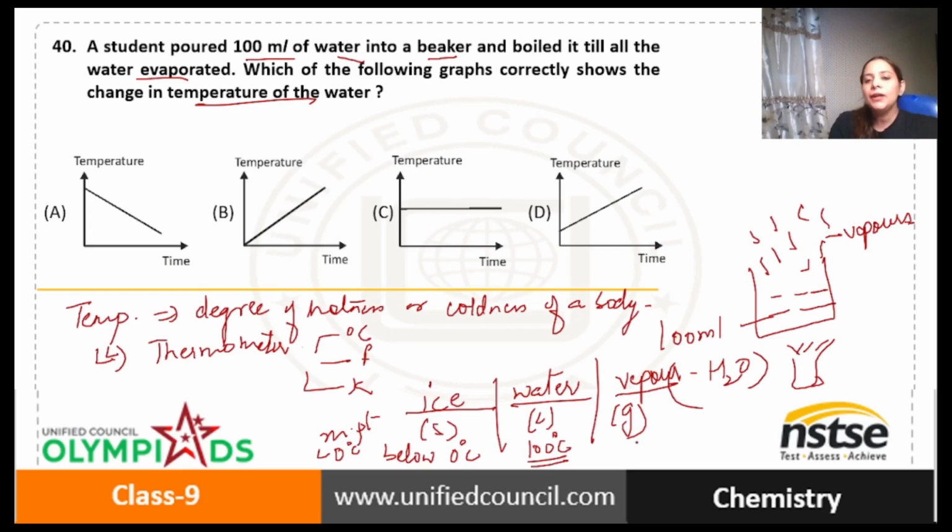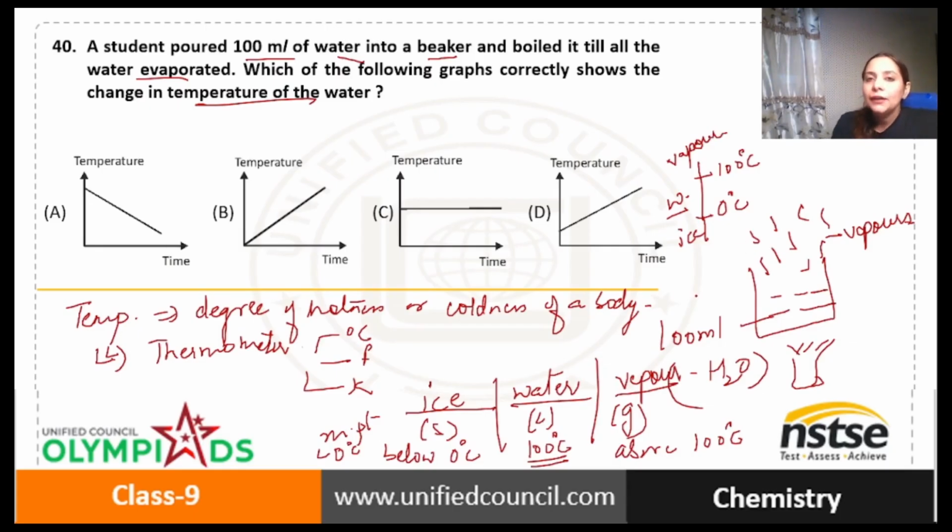Means above 100 it forms gaseous state. So if we divide the scale 0 degrees Celsius, let's say 100 degrees Celsius, so below this you get ice, here you get water, and above 100 you get vapors or steam.